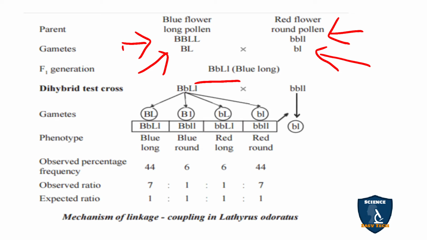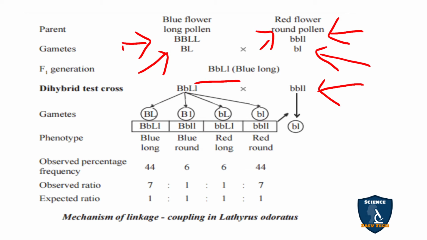Now the F1 is test crossed, that is, crossed with the recessive parent. The blue flower, long pollen in heterozygous condition is crossed with the recessive parent, small b small l, red flower, round pollen.